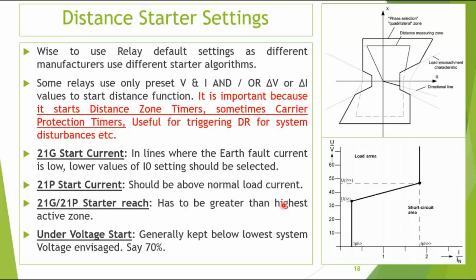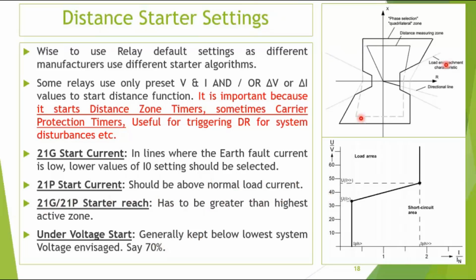And if it is the under voltage starting, then we have to keep it lower than the lowest system voltage envisaged. Maybe 80%, 70%. That means if the system voltage falls below 70%, then it is a fault. Otherwise, it is not a fault. So 70, 80% would be okay.